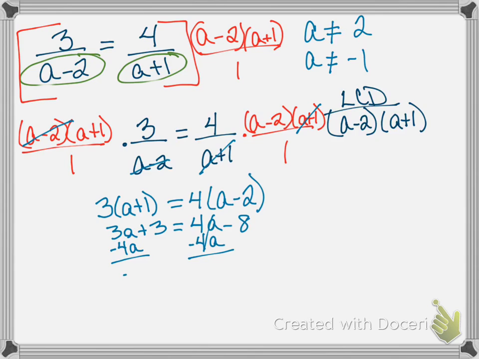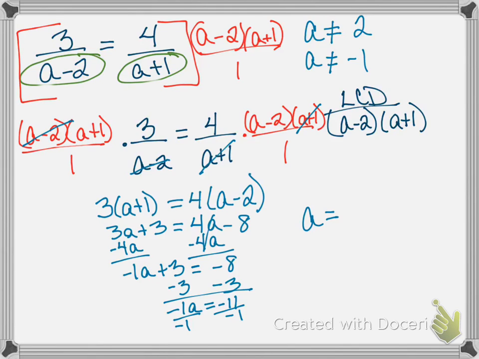So I'm left with negative 1a plus 3 equals negative 8. My next step is subtract 3 from both sides. I'm left with negative 1a equals negative 11. What do I divide both sides by? Negative 1. Okay, so what is a? Good. A is positive 11.